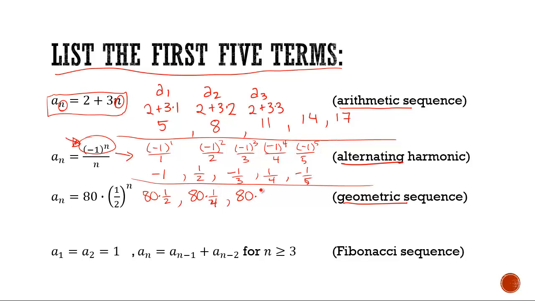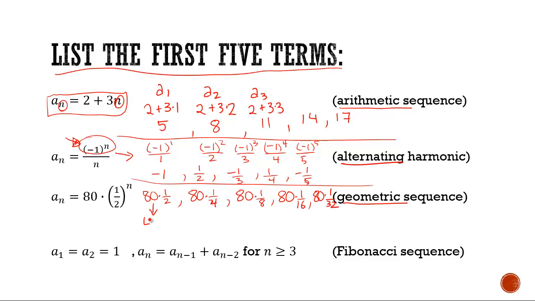Next one's going to be 80 times 1 over 2 to the 3, which is 8. 80 times 1 over 2 to the power of 4, which is 16. And then you'll have 80 times 1 over 2 to the power of 5, which is 32.